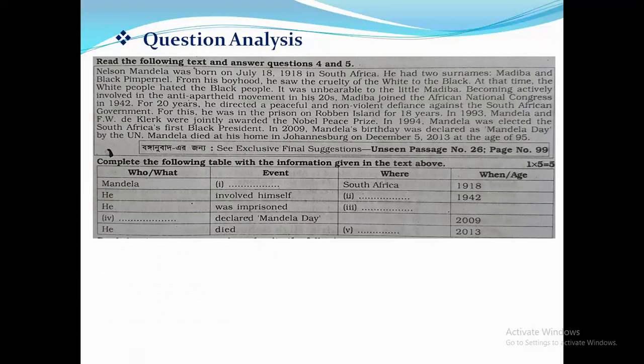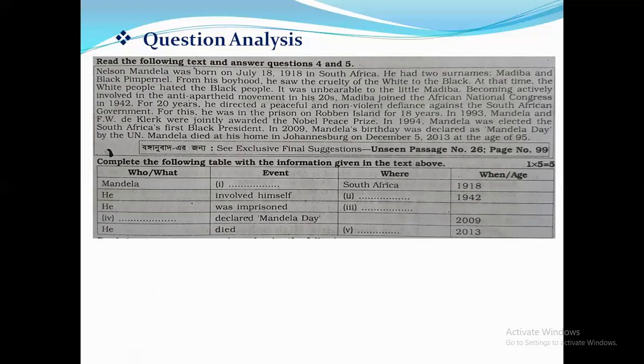At the time, the white people hated the black people. It was unbearable to little Madiba. Underline it. I told you in the previous question that you have to underline the keywords while reading the text. Then it will be very easy for you to find the correct, accurate answer.